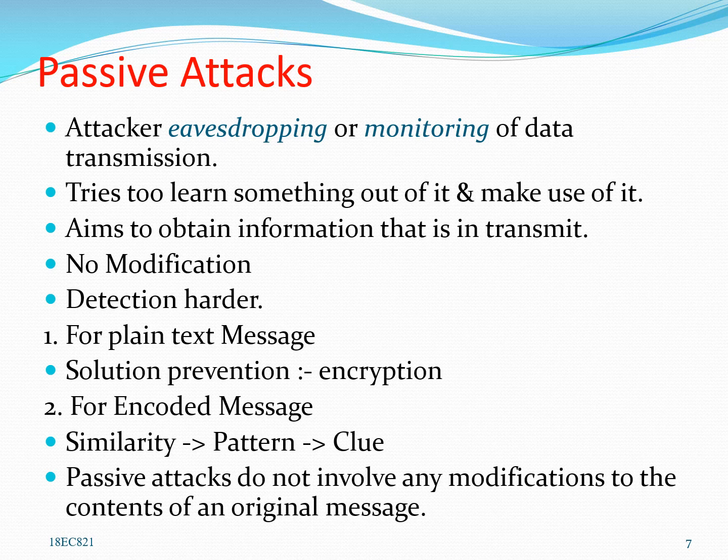The attacker aims to obtain information that is in transit. Passive indicates that the attacker does not attempt to perform any modifications to the data, but it is very hard to detect. The general approach to deal with passive attacks is to think about prevention rather than detection or corrective actions.